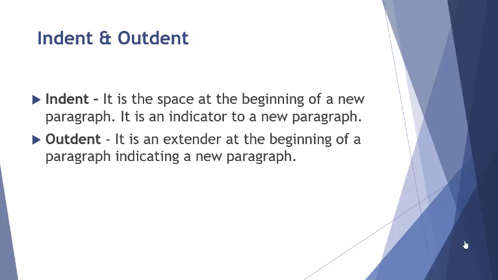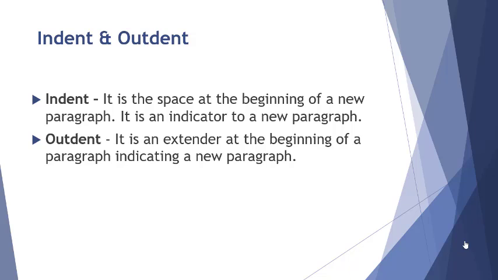Now let's look at indent and outdent. Indent is the space at the beginning of a new paragraph. It is an indicator of a new paragraph. I know most people have a misconception about indent and paragraph. So they refer to indent as paragraph, which is wrong. Indent is the space that indicates the beginning of a paragraph. You also have outdent.